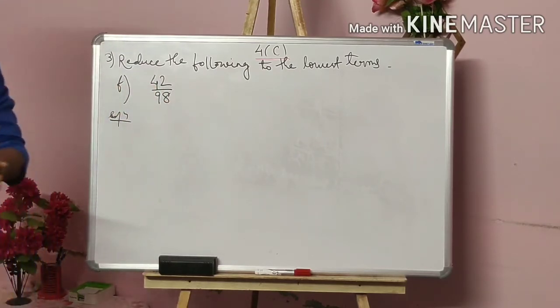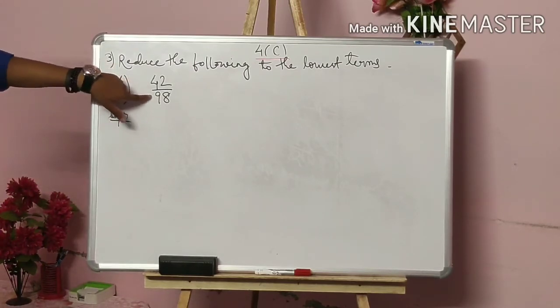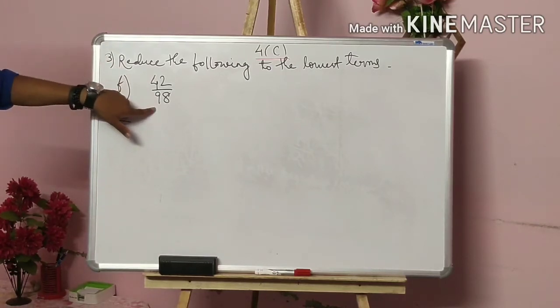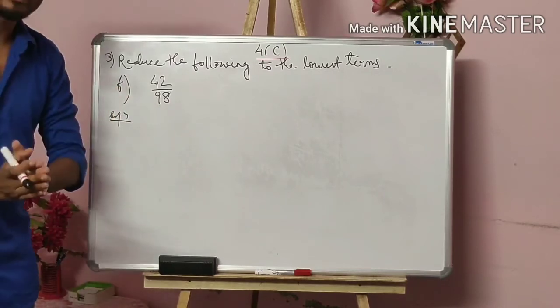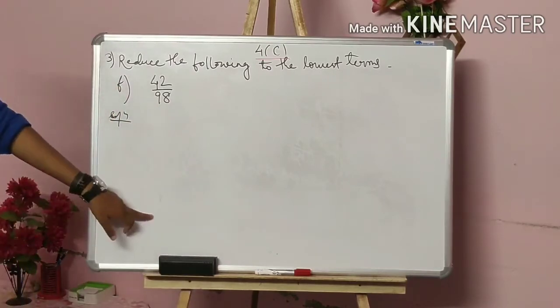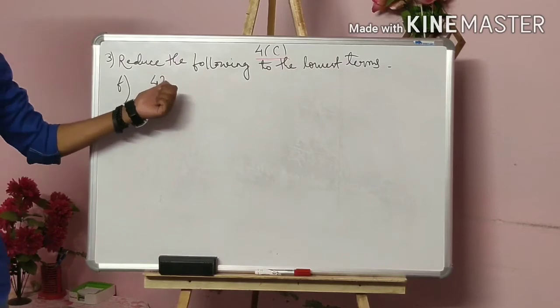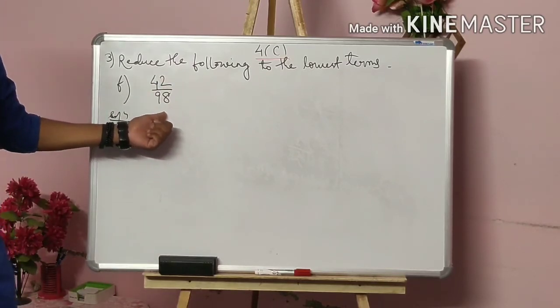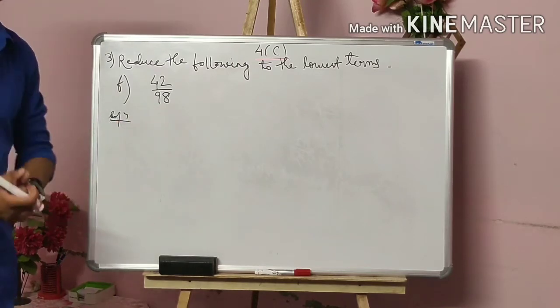First step is what exactly? That you have to find the HCF of both numerator and denominator, whatever numbers are given. That means we are going to find the HCF of 42 and 98. Whatever HCF we get, we will divide 42 and 98 by that HCF, and whatever fraction we get is actually in its reduced form.